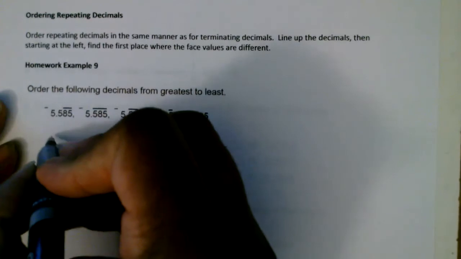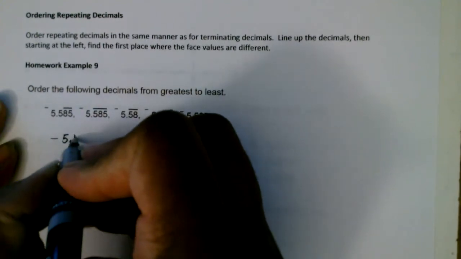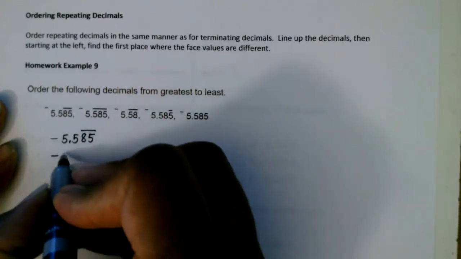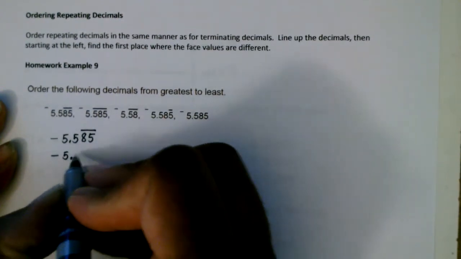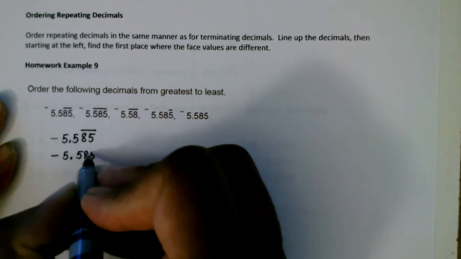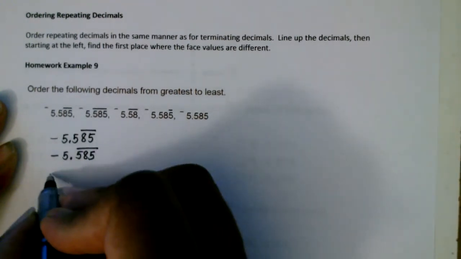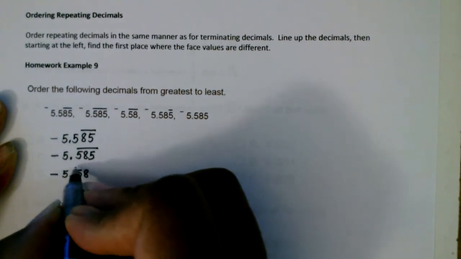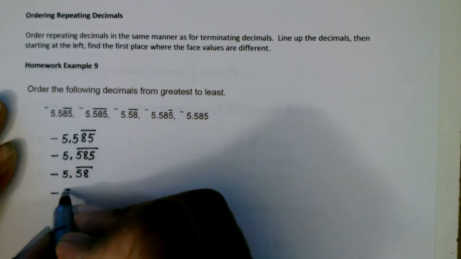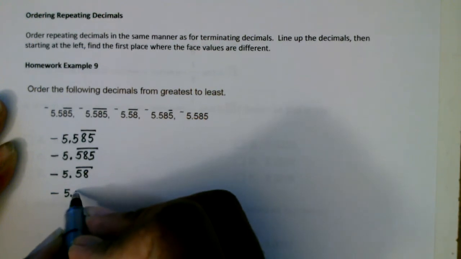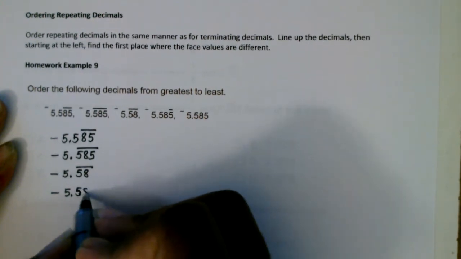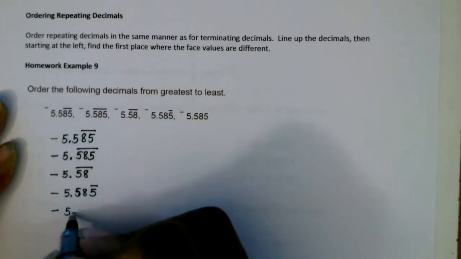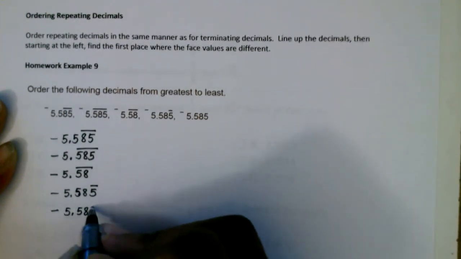So here we have negative 5.5 where the 8 and the 5 repeat, negative 5.585 where the 5, 8, and 5 repeat, then negative 5.58 where the 5 and 8 repeat, negative 5.585 where only the 5 repeats, and then negative 5.585.